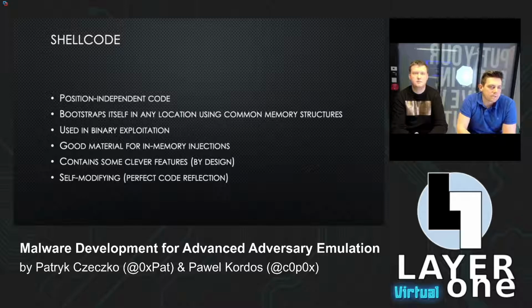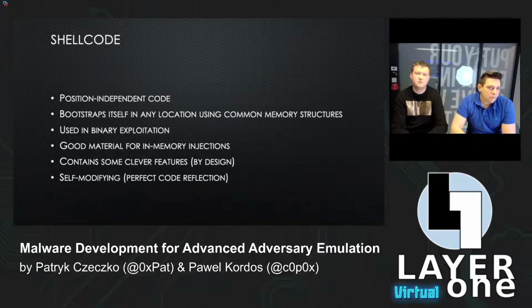It is a piece of position independent code, so it can be executed anywhere in memory, and it has some clever features to bootstrap itself in every memory location. It uses common structures like the process environment block to locate needed functions, load libraries and execute stuff later. And it's also mainly used in binary exploitation.